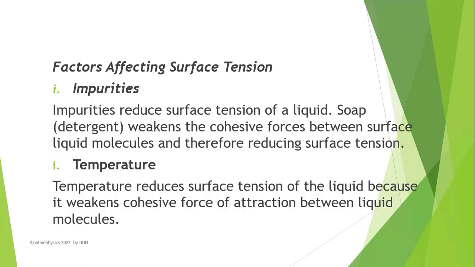Impurities reduce surface tension of a liquid. Soap detergent weakens the cohesive forces between the surface liquid molecules and therefore reduces surface tension. So that is when we add impurities to a liquid, we reduce the surface tension.